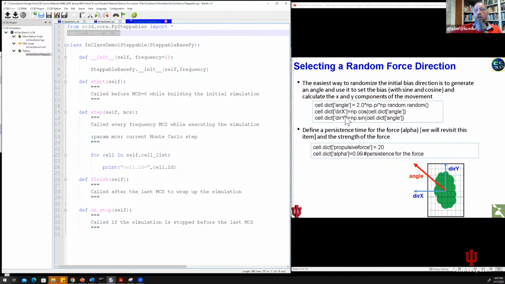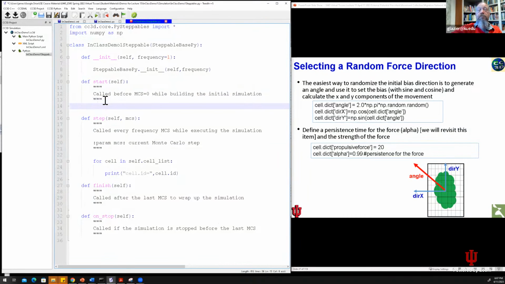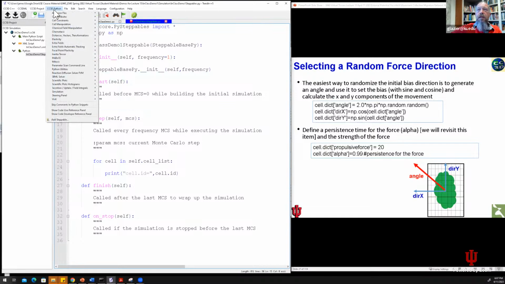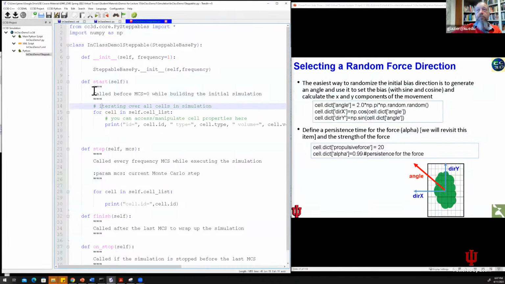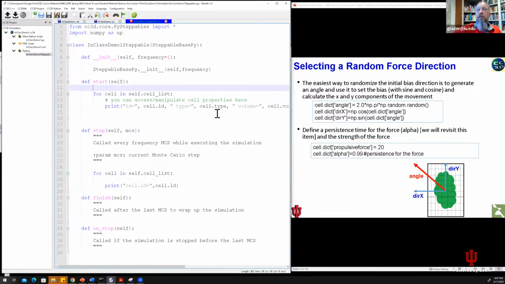And now we are going to, in our start function, create the properties of our cell. And so we will go to CC3D Python, visit all cells. Get rid of this text that I don't need, so it's easier to see.